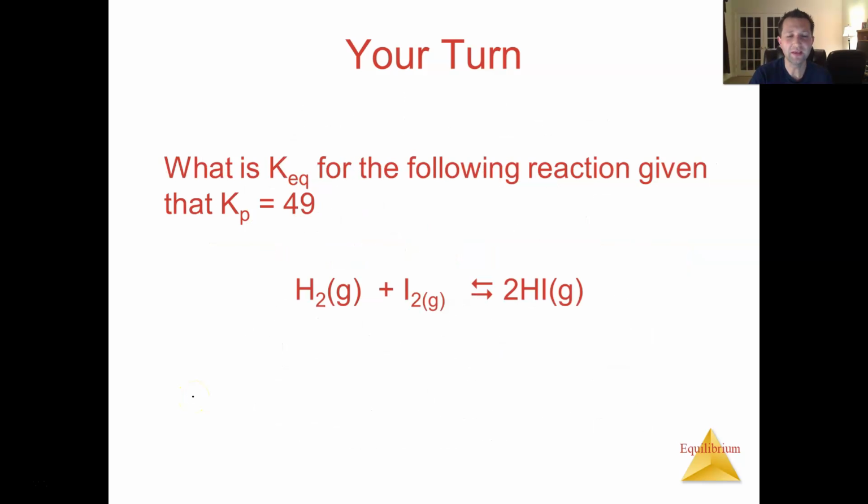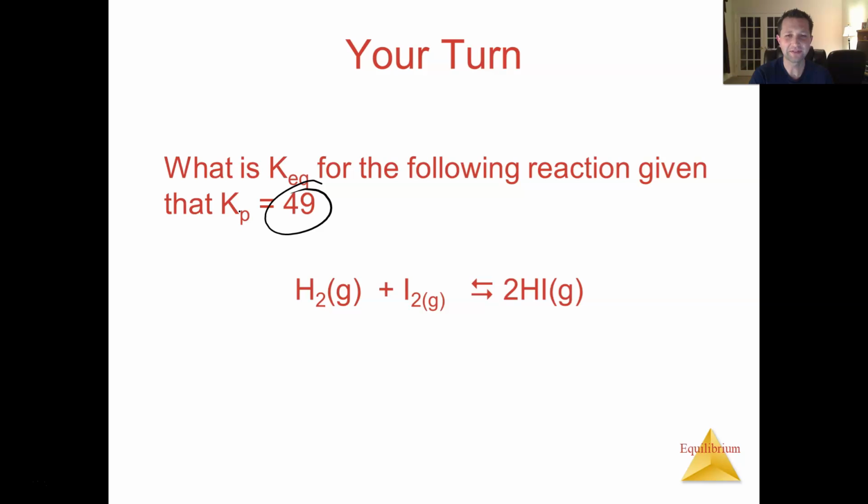Next one, what's the Keq for the following reaction given that Kp is 49? Okay, take a second, give it a try, and then we'll go over it. Okay, real easy. The answer is 49. No math required, right?